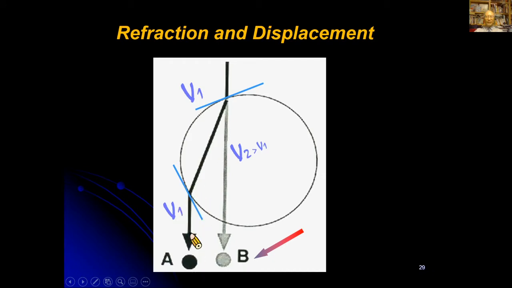So you can see the sound goes like this, but the machine assumes the beam should penetrate through this structure in a straight line, so this structure will be placed in this area. So B is a falsely displaced structure.